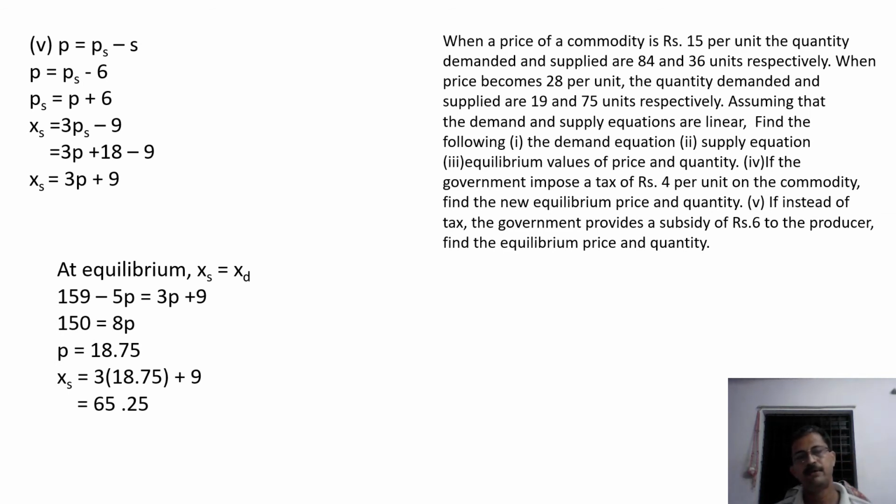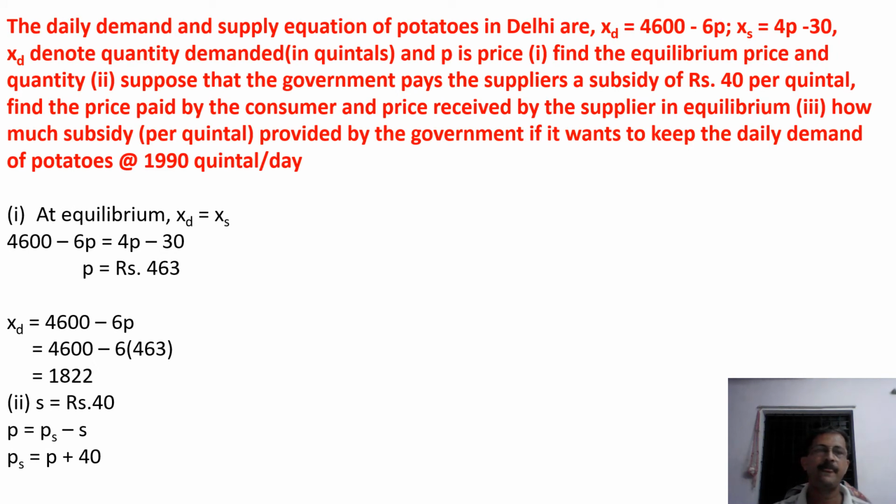At equilibrium, both are equal. So the new equilibrium price is 18.75 when the government provides a subsidy, and the equilibrium quantity is 65.25.